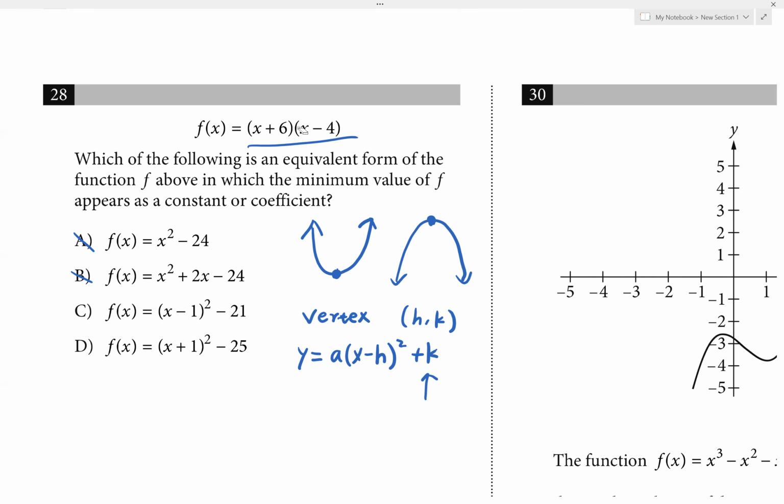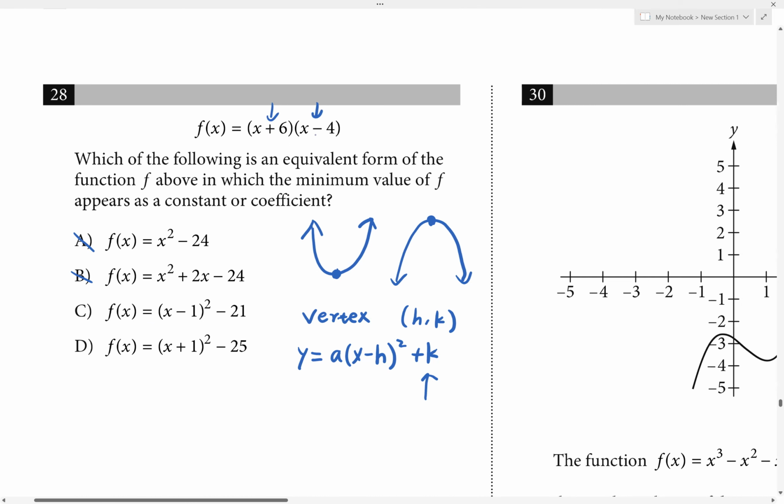We have to verify this. We can either multiply these out and try to confirm, or we can actually solve for the vertex. To solve for the vertex, I recognize that right now the equation is in factored form.